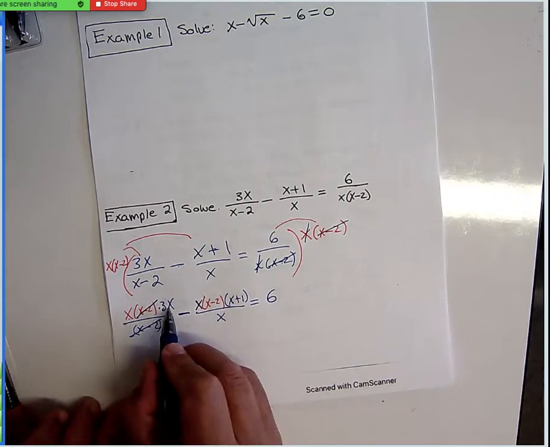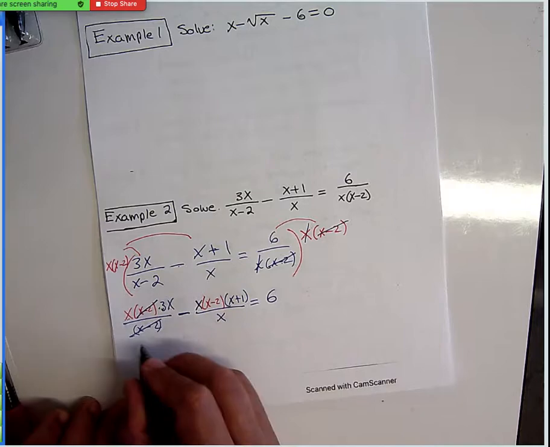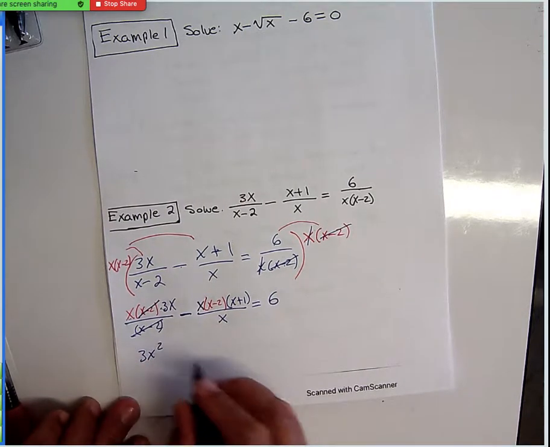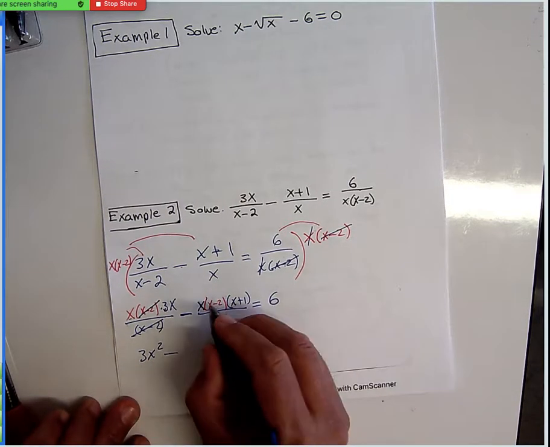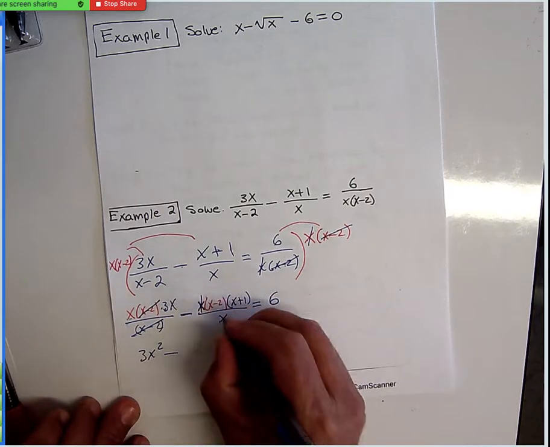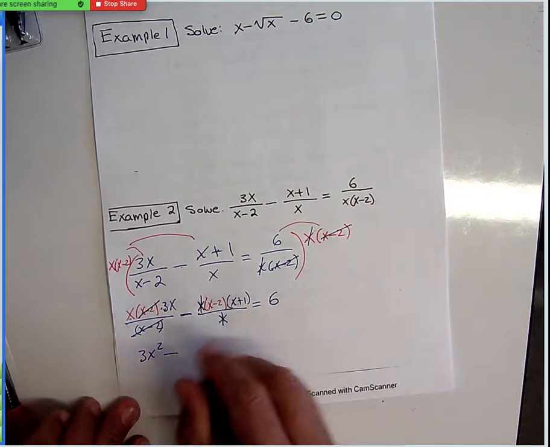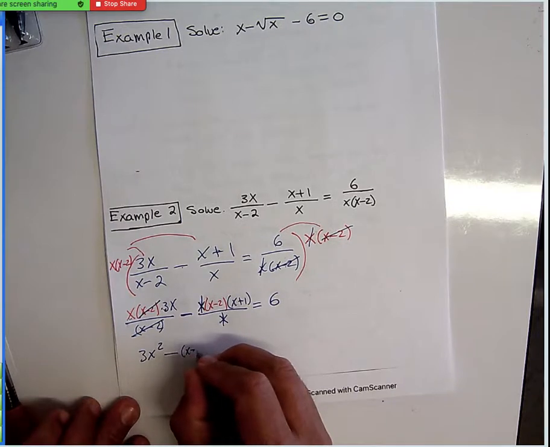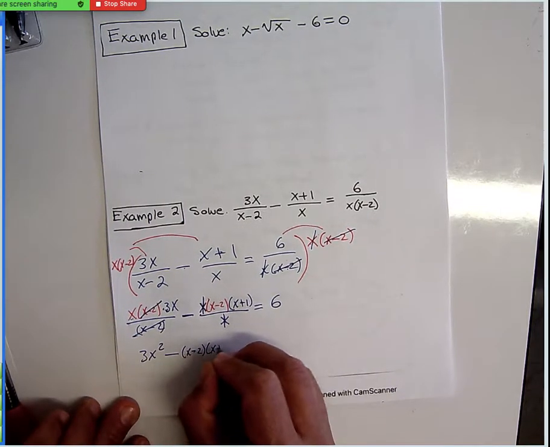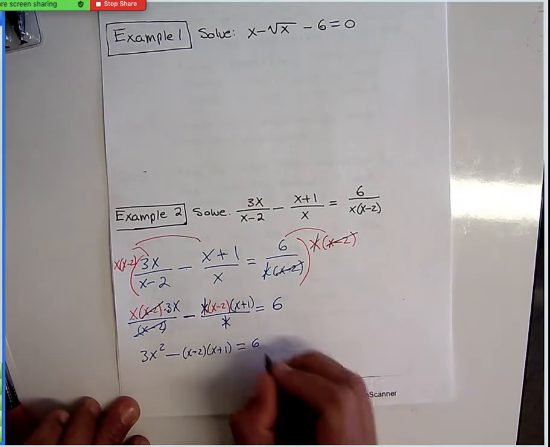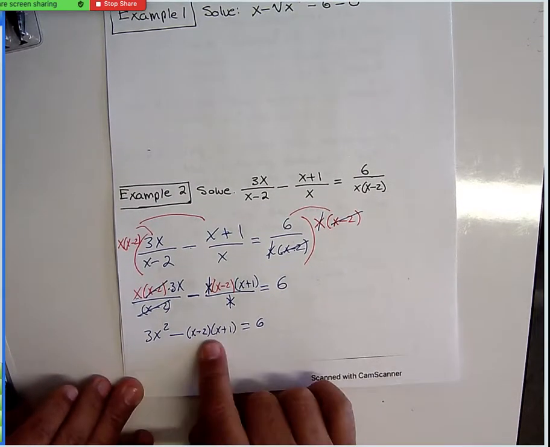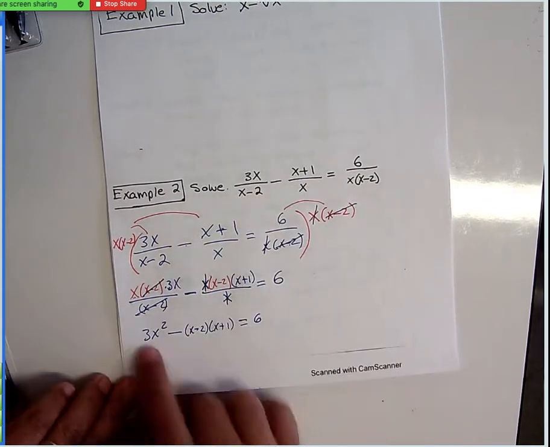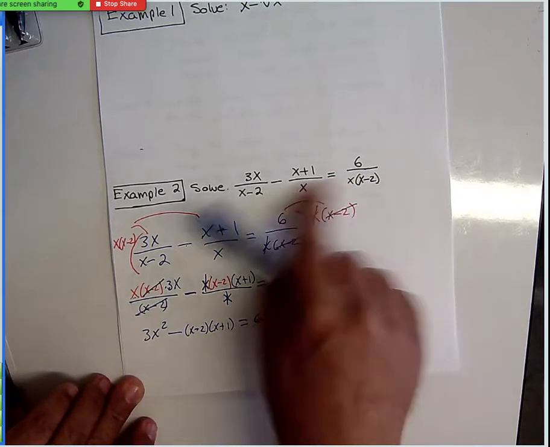So you're left with this. x times 3x gives you 3x squared minus, you can tell that these x's cancel out, and you're left with this, equals 6. Now it looks a lot simpler than what it was originally.